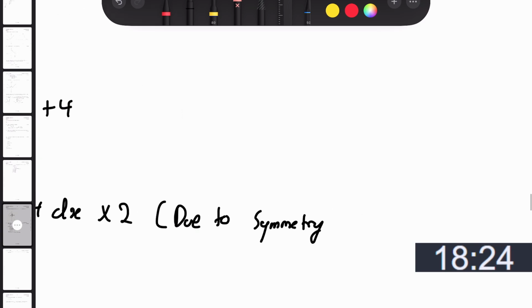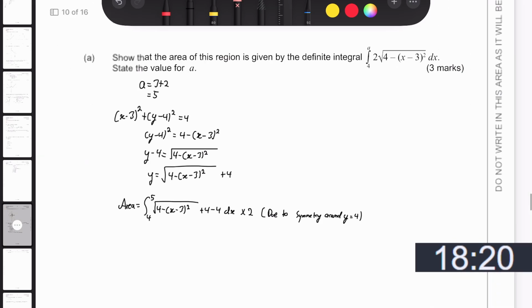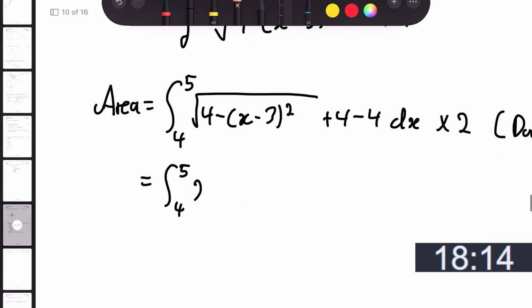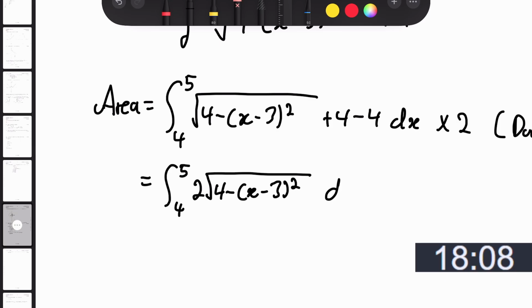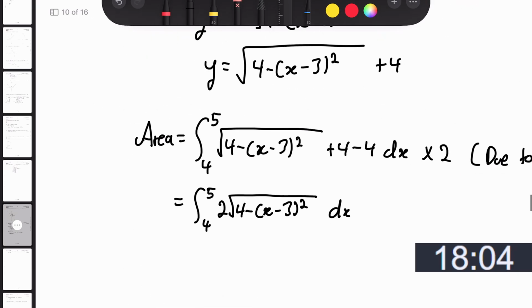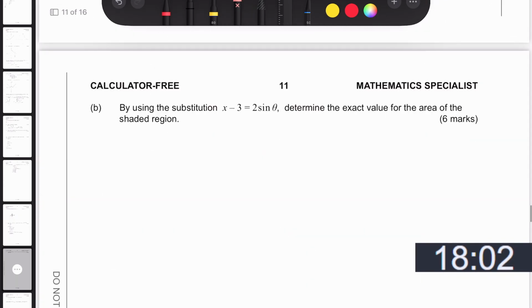Symmetry around y equals 4. So then this simplifies to 2 square root of 4 minus x minus 3 squared. I hope I don't have to anti-differentiate this. And I don't think I'm going to have to. I hope they give me something nice to anti-differentiate with. Yes! Okay.